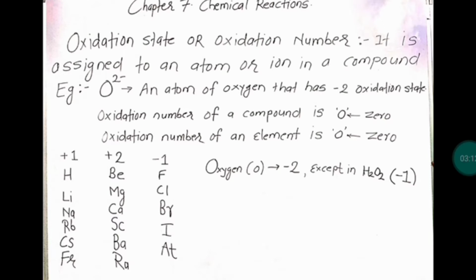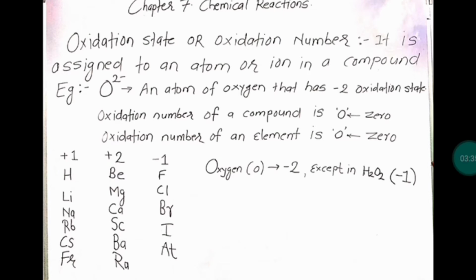Now let us talk about oxidation state or oxidation number. A simple definition is that it is assigned to an atom or ion in a compound. For example, O2-, the oxygen atom has a -2 oxidation state.